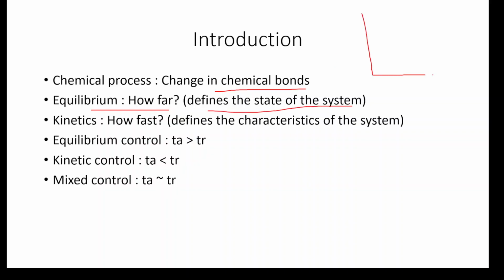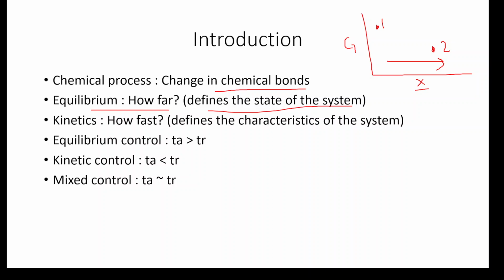For example, let's say G is represented on the y-axis and X on the x-axis, meaning the extent of reaction. If some point is here and some point is here, we can say what the extent of reaction is, how far the reaction has gone from point 1 to point 2.